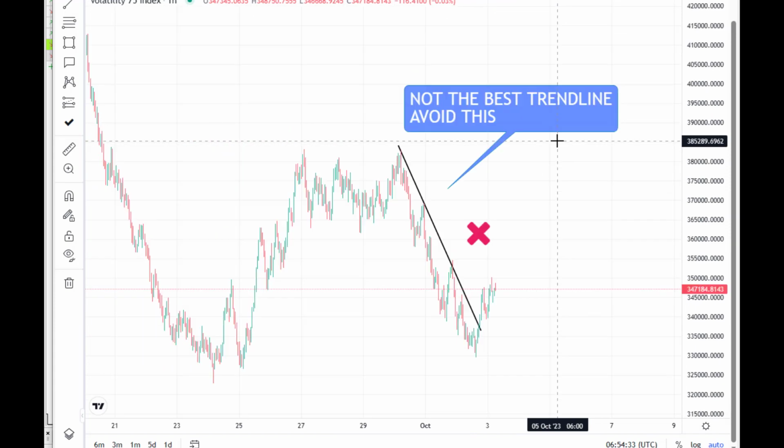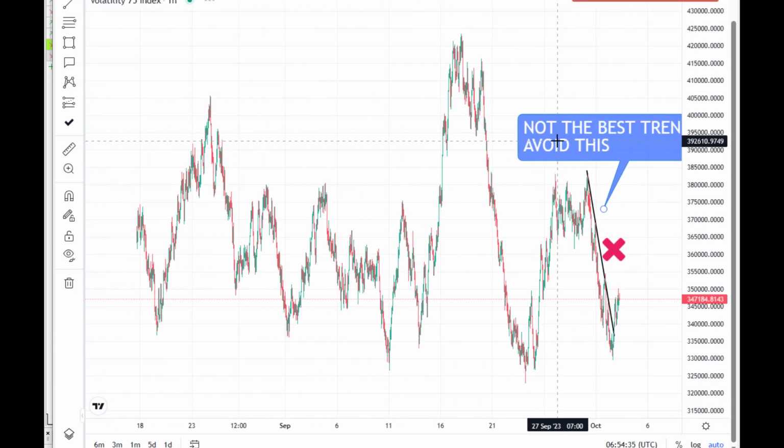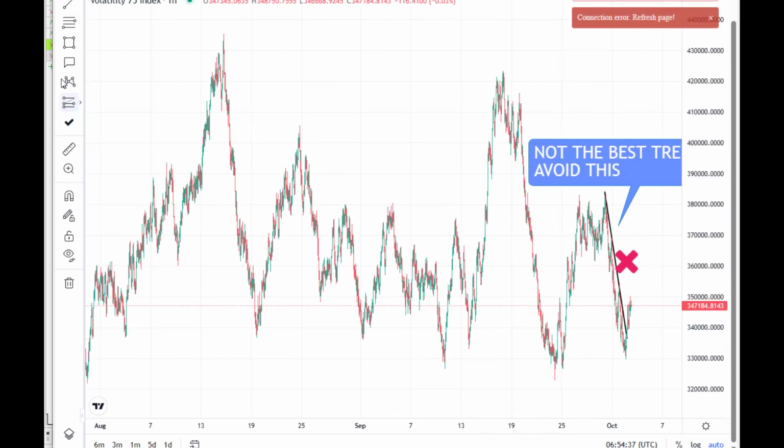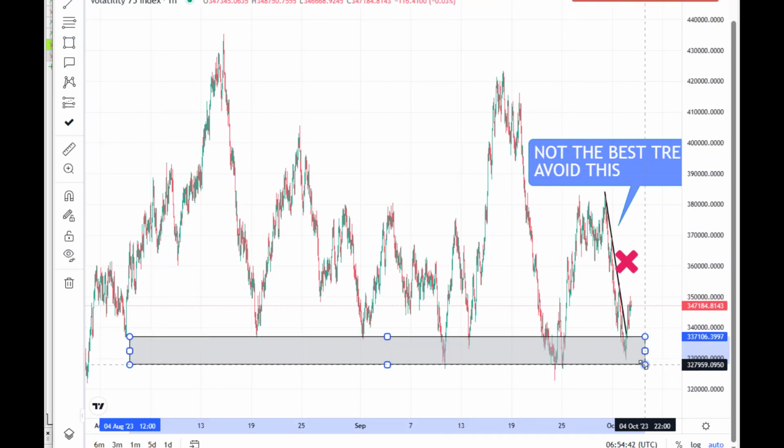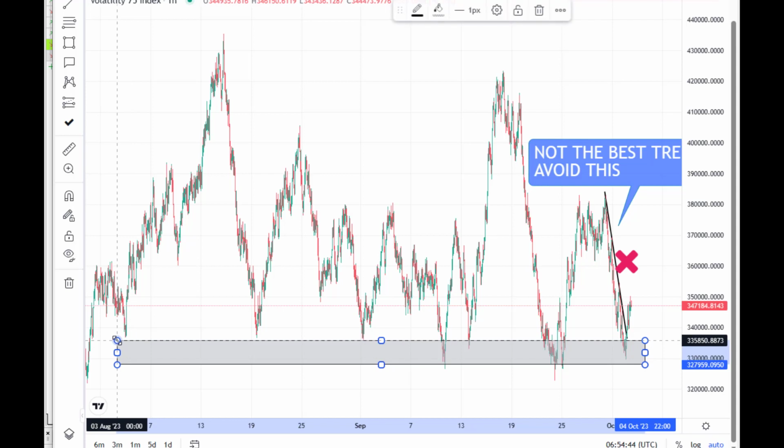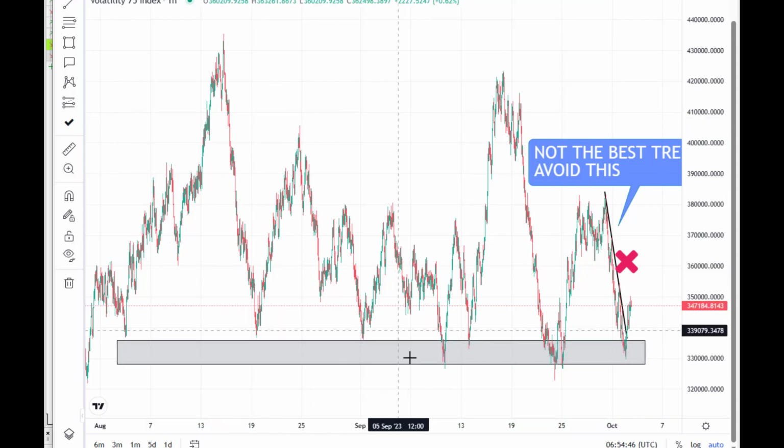Now if you look at this very well, we're going to realize that this is a key support zone in the V75 charts. As price moves down and hits this zone, there is a high probability that price is going to move up.